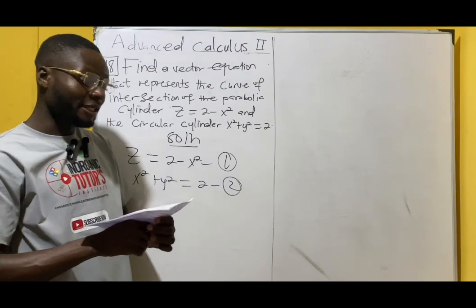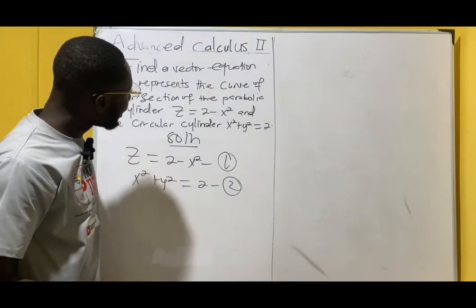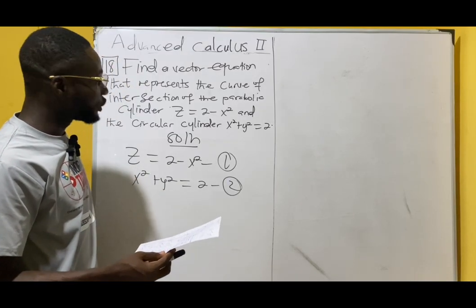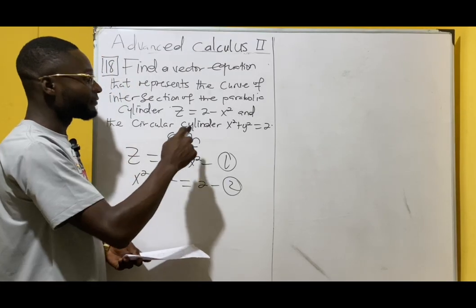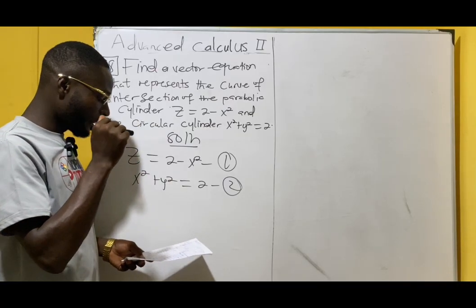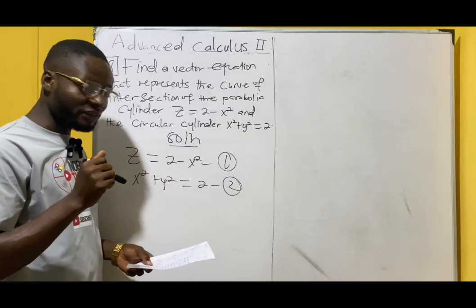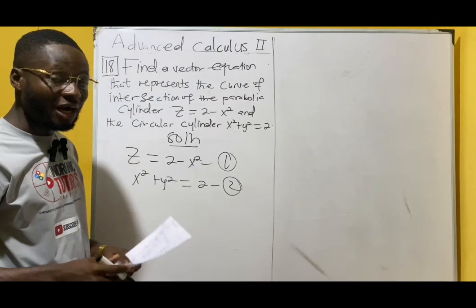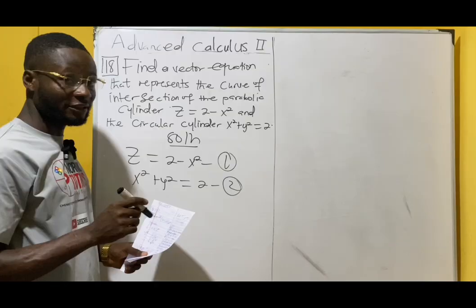So we have to find a vector equation that describes the curve where these two surfaces intersect, right? So step 1, we have to understand the surfaces.